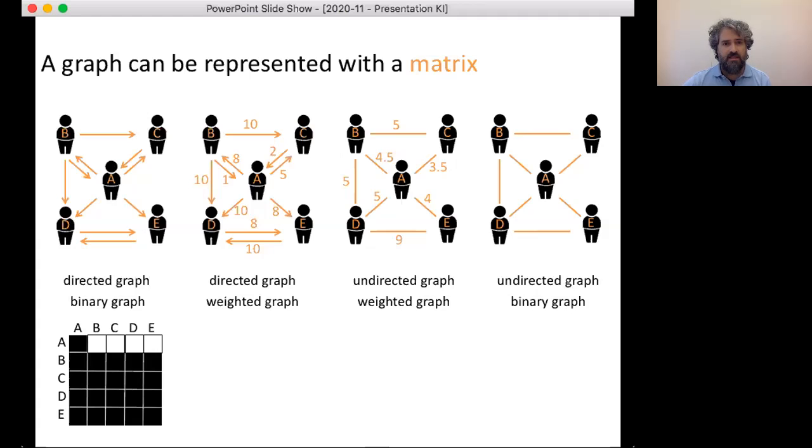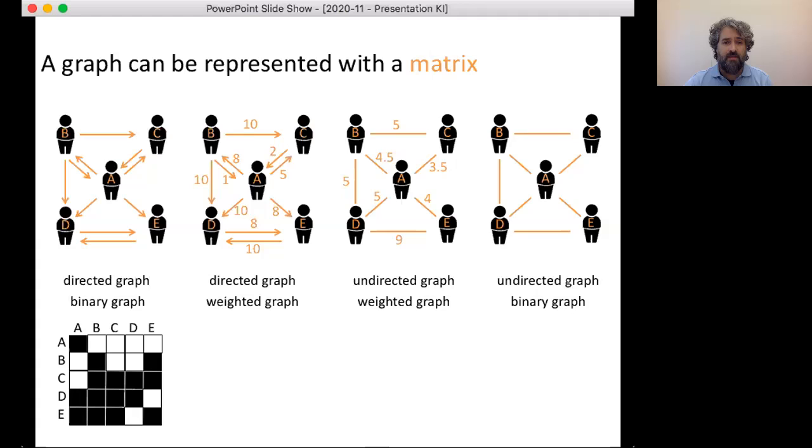And then the question is, is B connected with A? Yes. Is B connected with C? Yes. Is B connected with D? Yes. Is B connected with E? No. Then C is connected with A, and that's it. D is connected with E, and that's it.